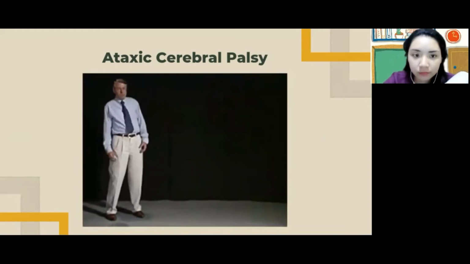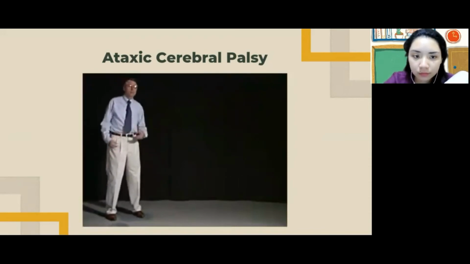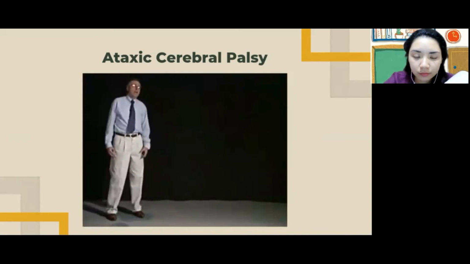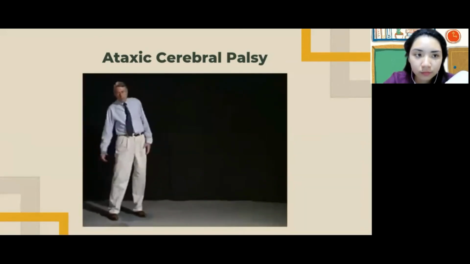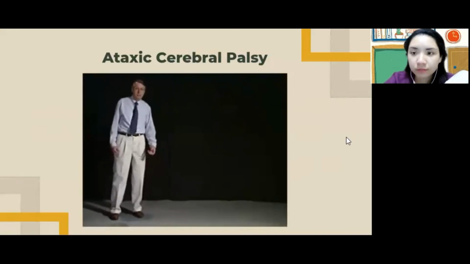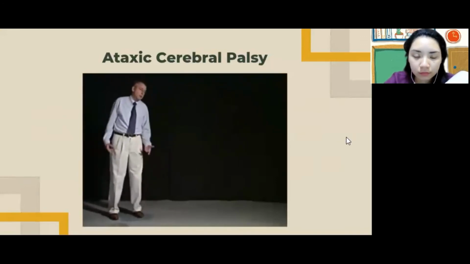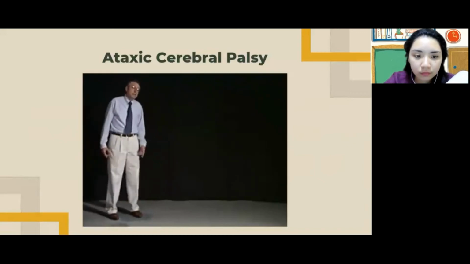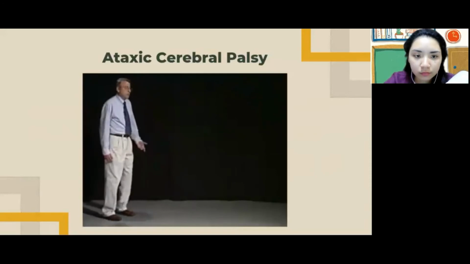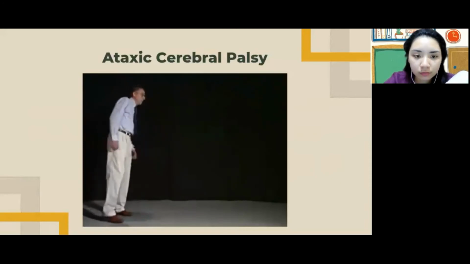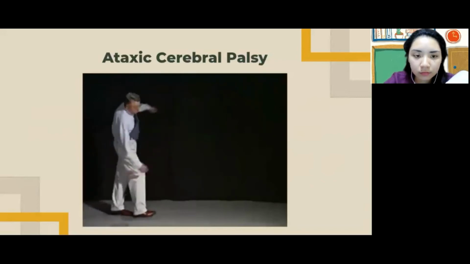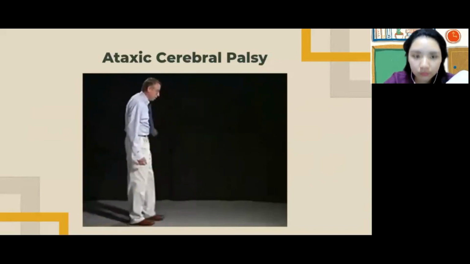So there may be some truncal titubation, which is an anterior-posterior type of tremor at about 3 hertz. And there's also a tendency to lunge or to jerk sideways, and the patient then has to catch themselves. Of course, one of the ways to bring out this particular type of problem is to narrow the station, asking the patient to walk tandem. So if I then am ataxic, I then try to walk tandem, then I'm going to have difficulty walking.